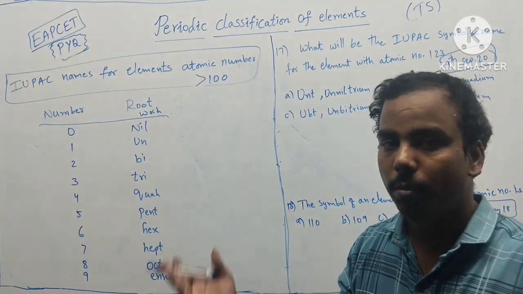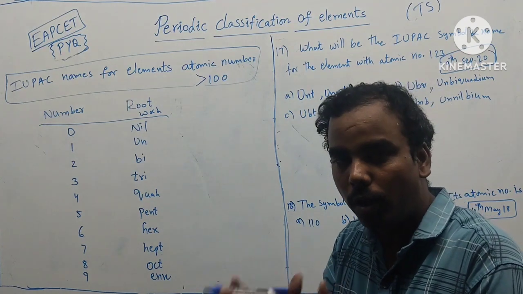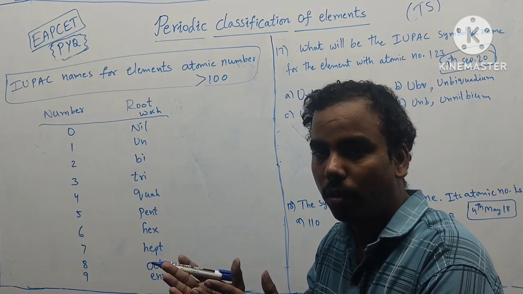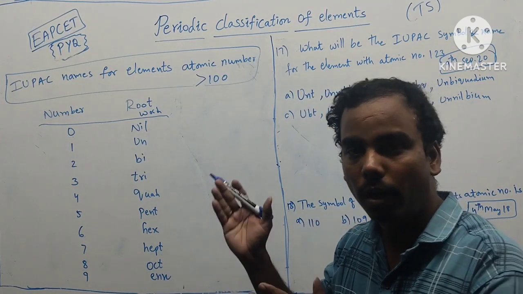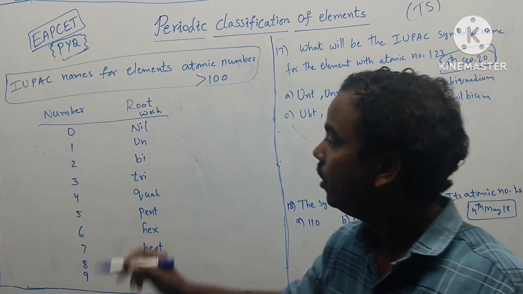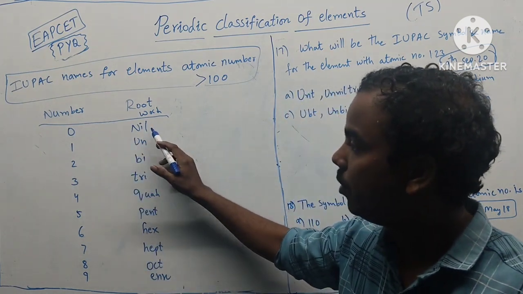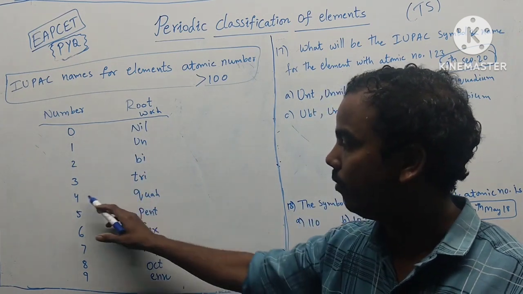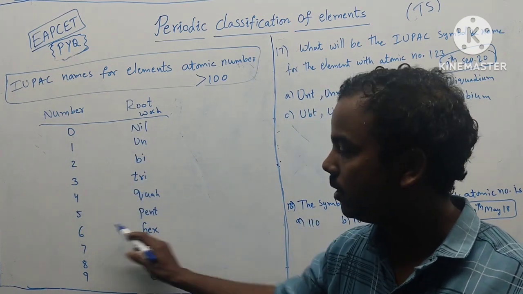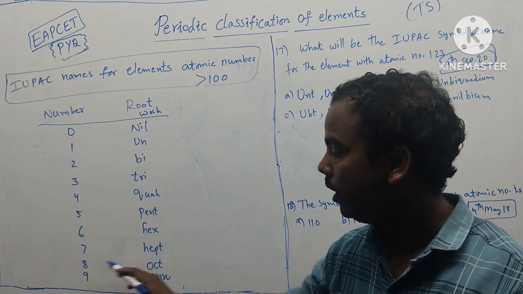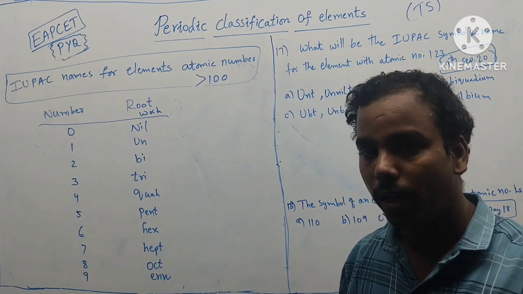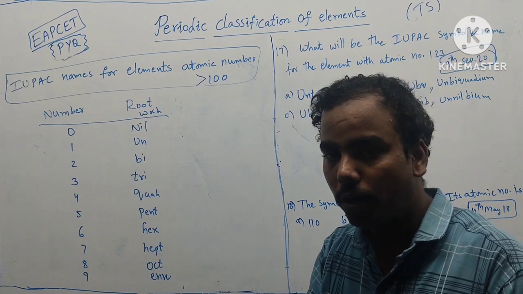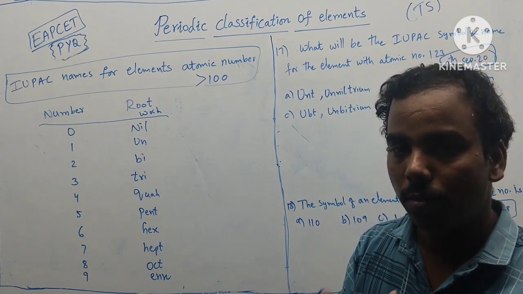When you write the IUPAC name for an atomic number, if 0 is present, you write nil. 1 is un, 2 is bi, 3 tri, 4 quad, 5 pent, 6 hex, 7 hept, 8 oct, 9 enn. If 10 is there, 10 means 1 and 0: 1 means un, 0 means nil.